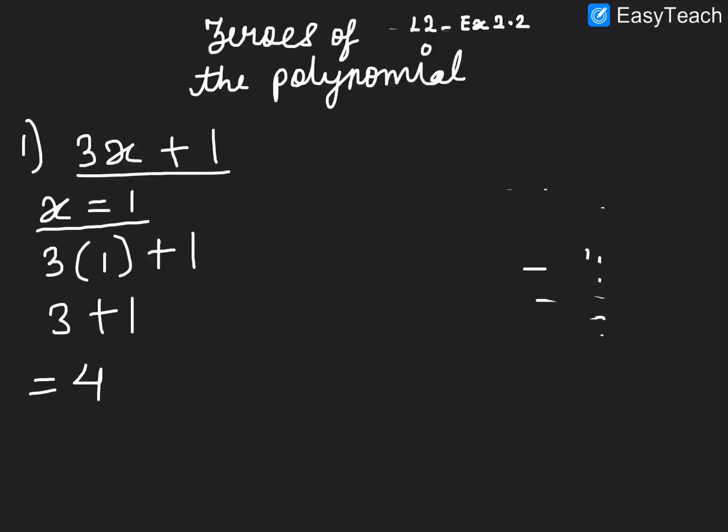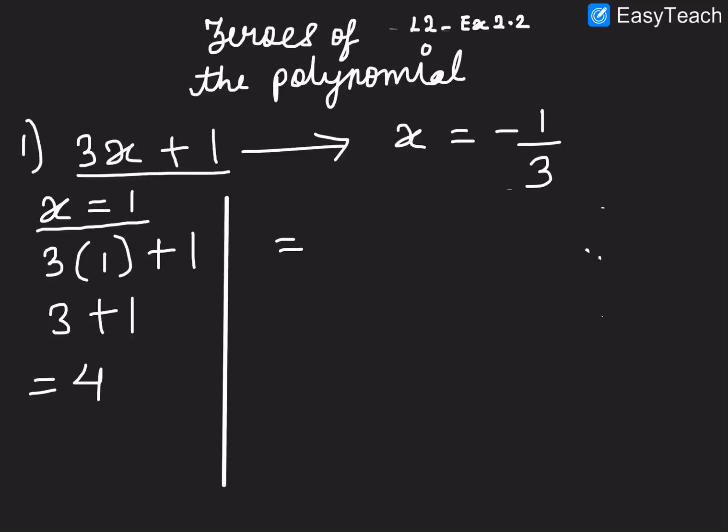Now let us try with some other value of x. For the same question, 3x plus 1, if I try and put the value of x is equal to minus 1 upon 3, what I get is 3 bracket minus 1 by 3 plus 1.